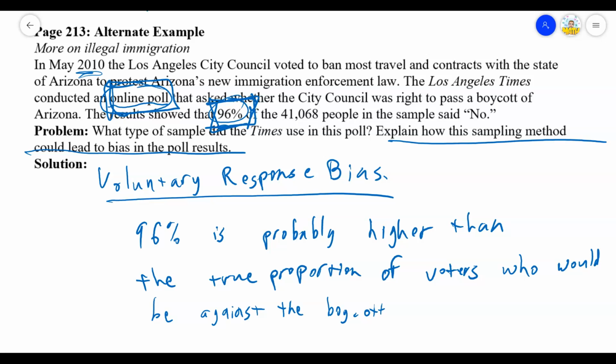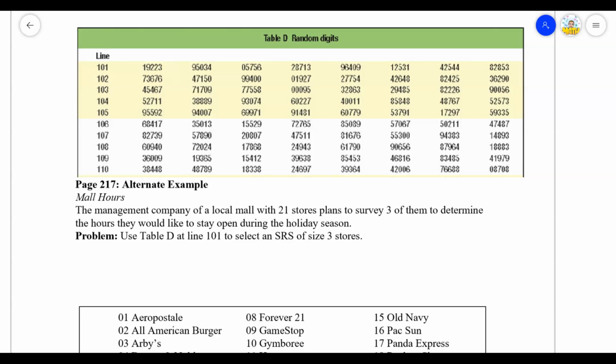So there's a difference. These get confused very easily sometimes, so we have to read carefully. If you think it's one versus the other, just explain your reasoning. If you said this was undercoverage bias rather than voluntary response, you need to explain with a sentence or two that it's because not everybody would have access to the online poll, and that would be completely acceptable.